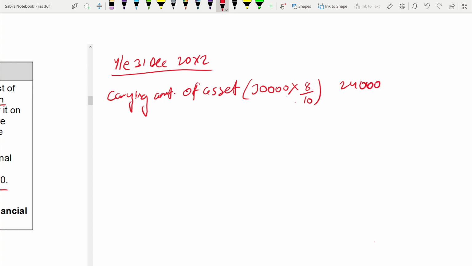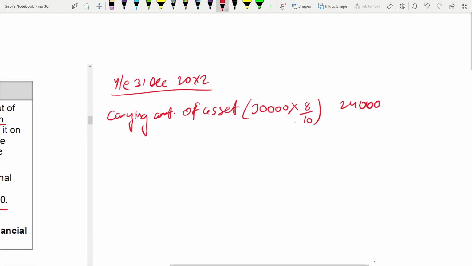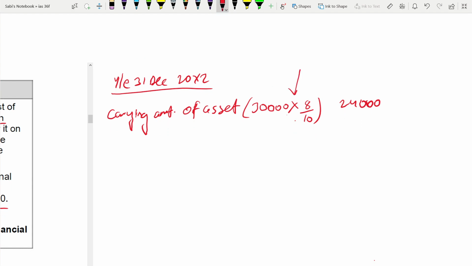This same thing you can do in 2 steps. If you're not understanding why it's 8 over 10, it's the balance. You can do it like this: 30,000 minus 30,000 into 2 divided by 10. 2 years depreciation you are deducting from 30,000, or straight away the balance. Rather than deducting the 2 years, you find out the balance, which is 8 years. In one go also you can do it.